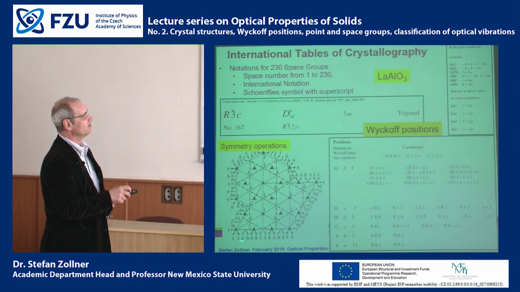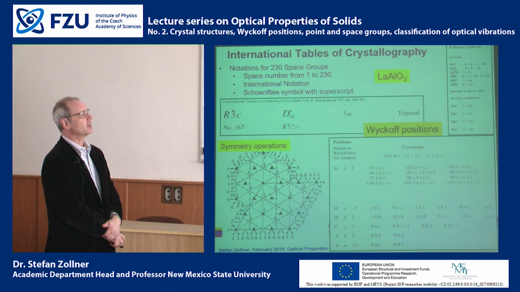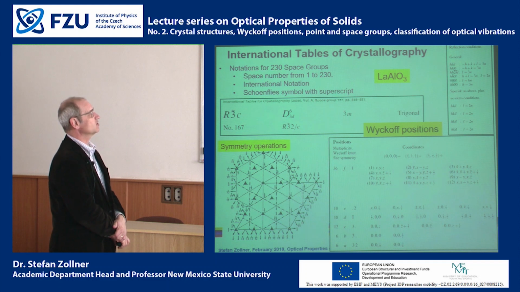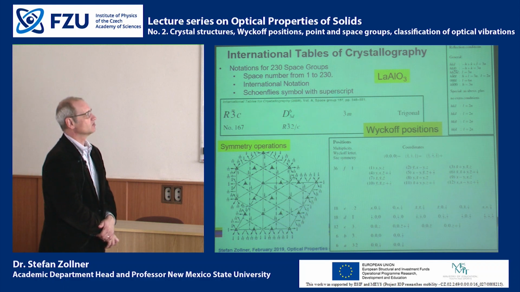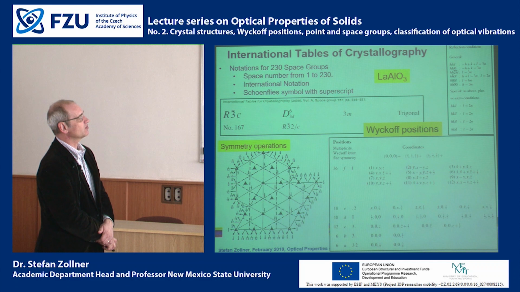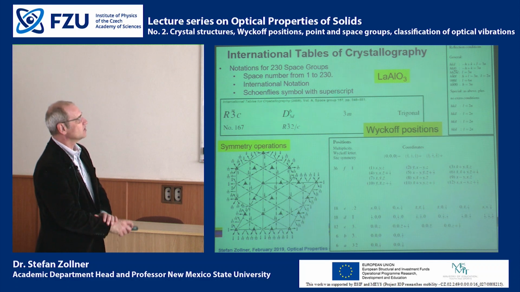There is a graphic way to explain all the symmetry operations, and especially the non-primitive translations that go with the operations in the point group. So this can be quite complicated.